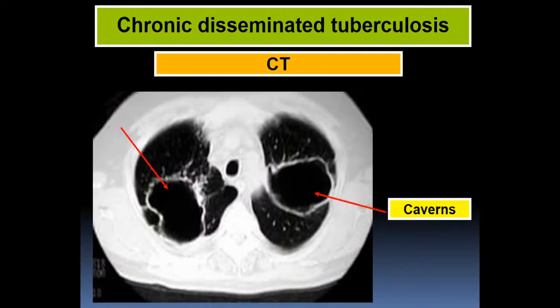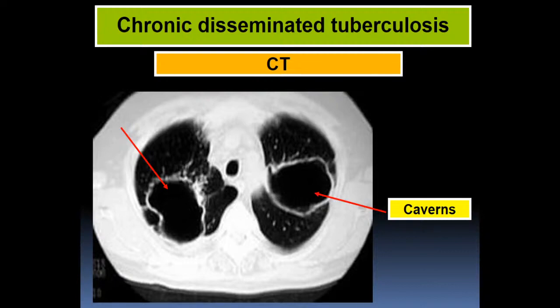On CT scan in chronic disseminated tuberculosis, we can see cavernous with thick walls. You can see the cavernous have irregular shape because of the thick wall.